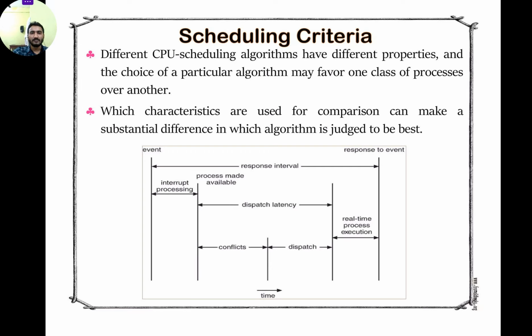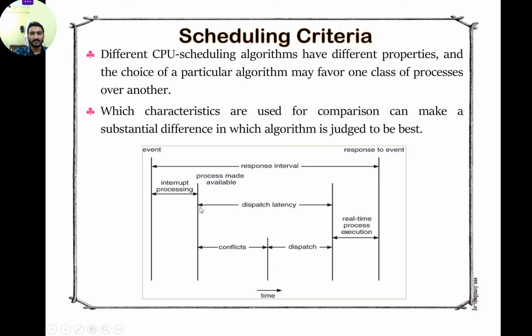So now we'll discuss scheduling criteria. Different CPU scheduling algorithms have different properties, and the choice of a particular algorithm may favor one class of processes over another. Which characteristics are used for comparison can make a substantial difference in which algorithm is judged to be best. In this picture, there is a process when an interrupt happens, and the process is made available at this point.